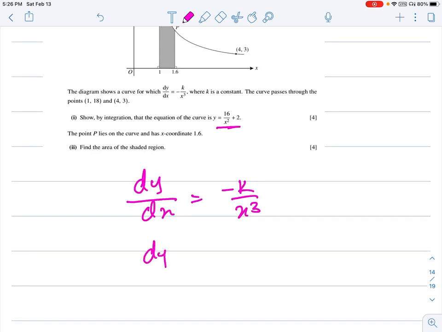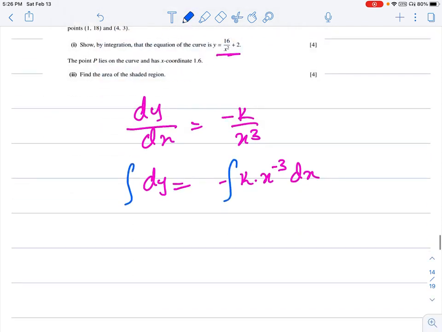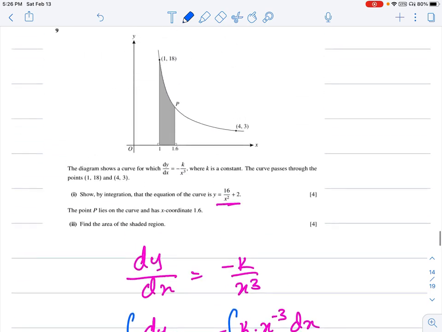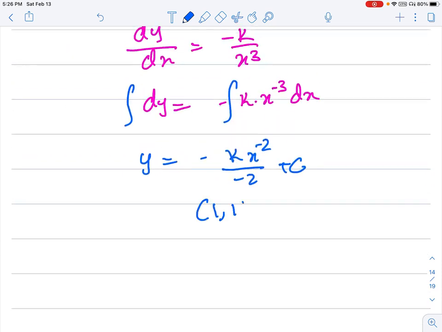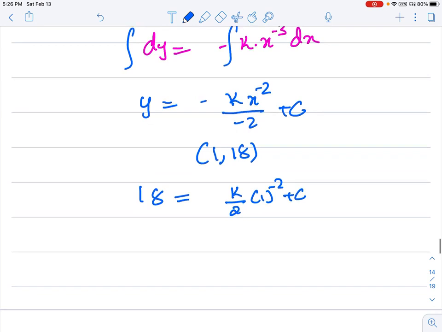Integrate it: first write it as minus k x to the power of minus 3 dx, then apply integration on both sides. y is equal to minus k x to the power of minus 2 upon minus 2 plus c. We see that on the curve there is a point (1, 18). I plug in 1: 18 is equal to k divided by 2 times 1 to the power of minus 2 plus c.